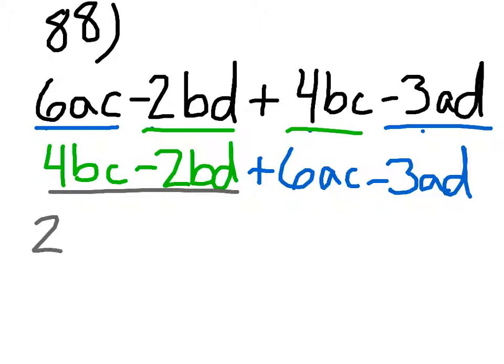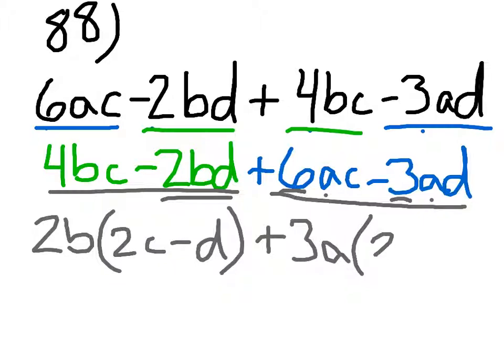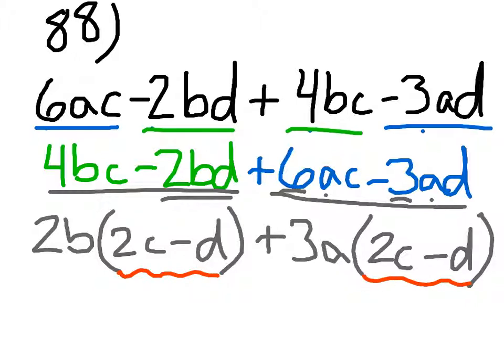So I've got a 2B, factor that out of 4B, I'm left with a 2C, factor that out of here, I'm left with a negative D. Okay? And then over here, take a 3 out of the 6 and 3 and an A out of those, you get plus 3A, and that leaves a 2C minus a D.